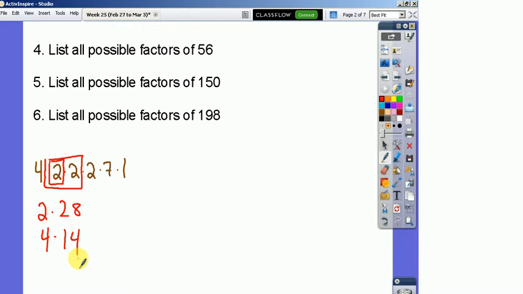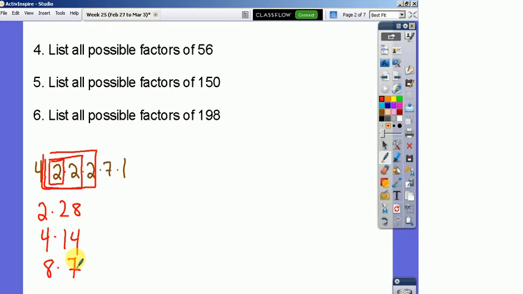And then I go to my next one. Okay? I go 2 times 2 times 2. So 2 times 2 is 4, times 2 is 8. 8 times 7 is 56. So 8 and 7 works as another pair. Yes? Does that make sense what I'm doing to get all my factor pairs?